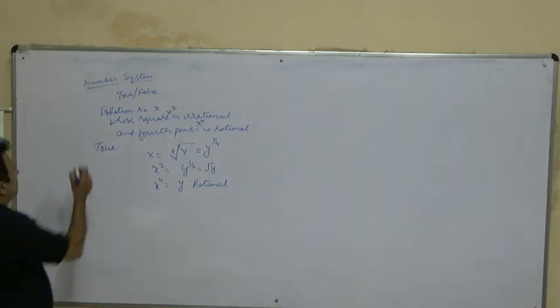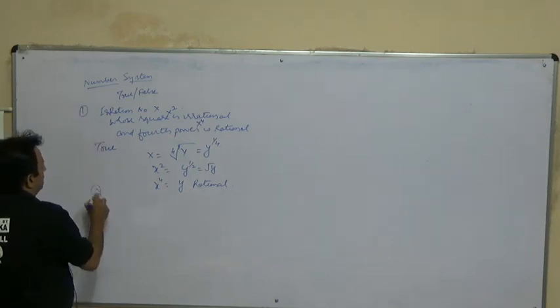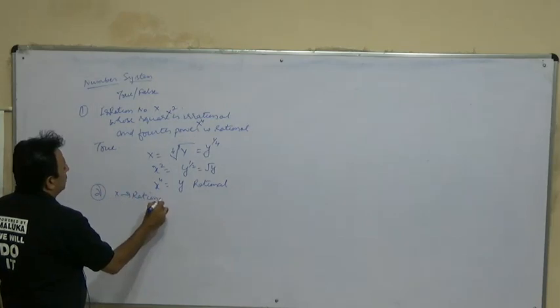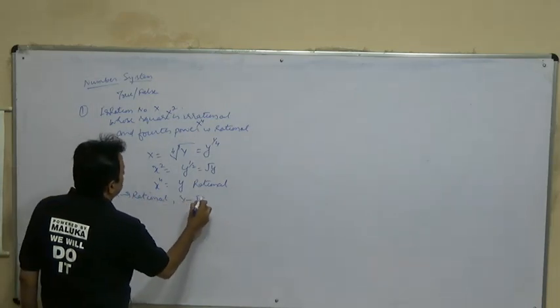Then second: x is a rational number, y is irrational.